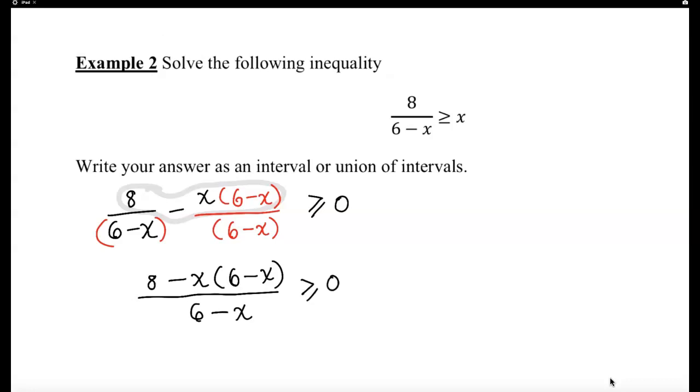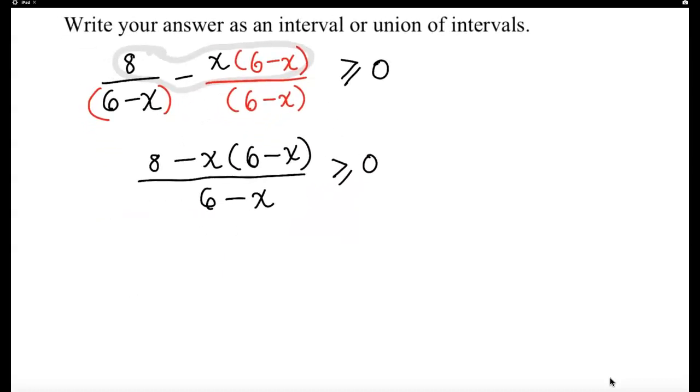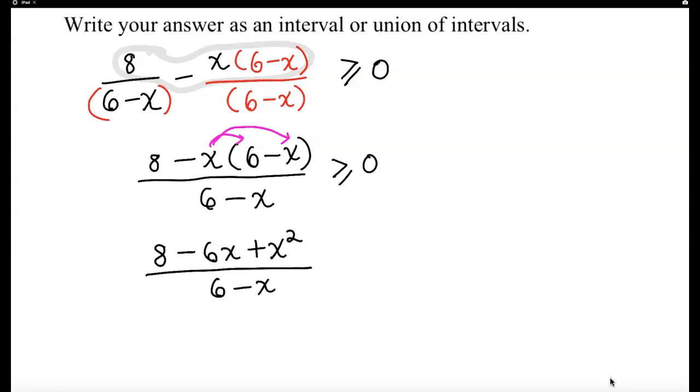0. We need to simplify the numerator now, so that we can find the zeros of the numerator and the zero of the denominator. So if I distribute the negative x, not a positive x, you guys, it's a negative x, I will get 8 minus 6x minus, well, negative times negative is positive, x squared, all over 6 minus x is greater than or equal to 0.